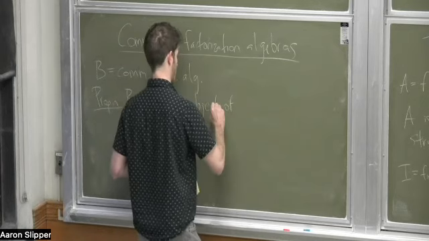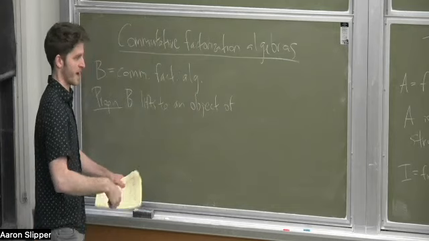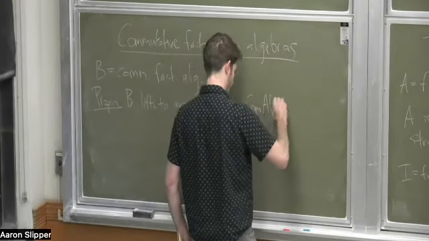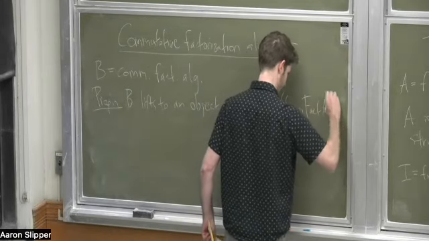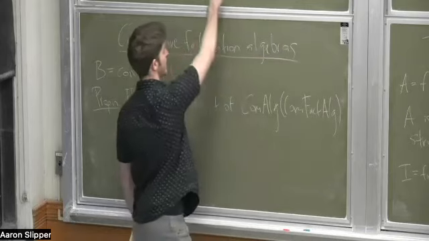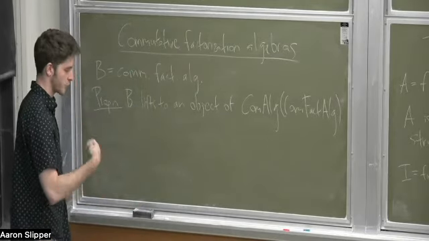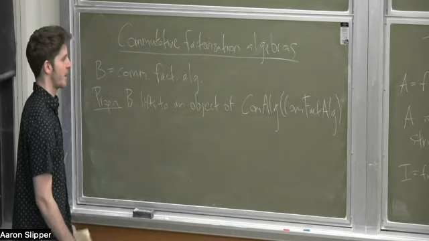An object in the category of commutative factorization algebras is, in fact, a commutative algebra in the category of commutative factorization algebras. It has a commutative algebra structure with respect to pointwise tensor product, compatible with the factorization structure.